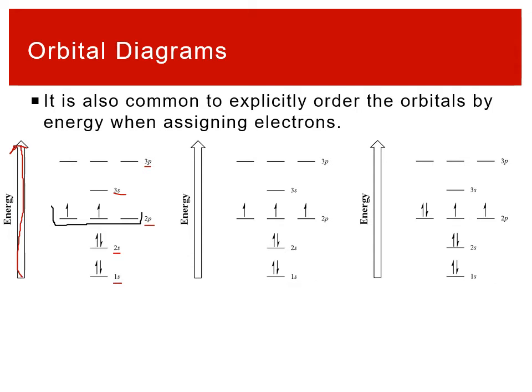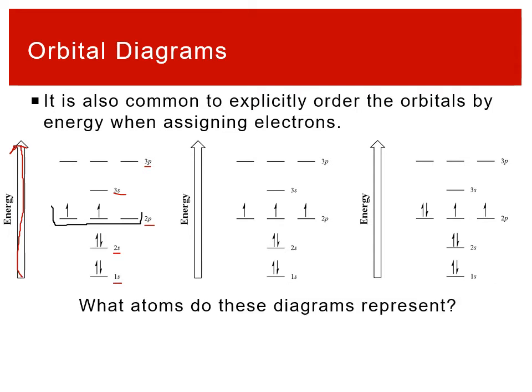One thing we can do when dealing with anything like this is ask questions like, what atoms are these? These are just depictions of electron configurations. One of the ways we could figure it out is just counting. In this first one, I have 6, so this is carbon, being a neutral atom, because it has 6 electrons.